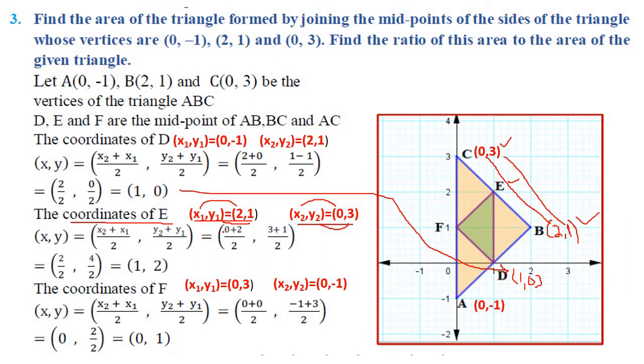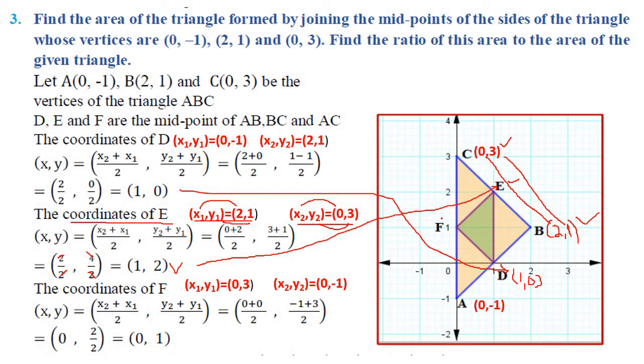Substituting, 0 plus 2 by 2, then 3 plus 1 by 2, which is 4 by 2. So 2 ones are 2, and 2 twos are 4. So (1, 2) is the coordinates of the point E.